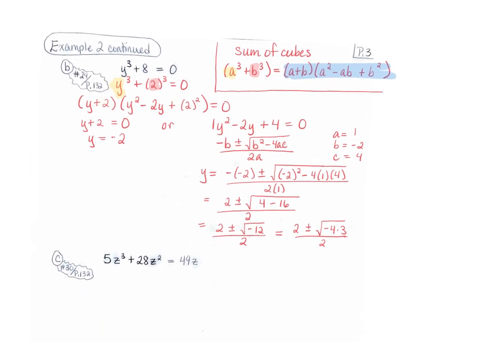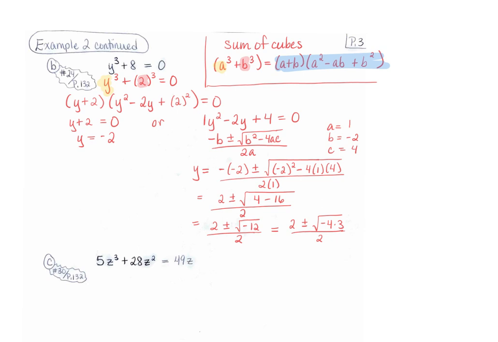And simplifying further, remember whenever you have a negative underneath the square root, that means an i comes out. The square root of 4 is 2. So we get 2 plus or minus 2i, the square root of 3, all over 2. And we notice that each of these terms here have a 2 in common. So this simplifies to 2 over 2 plus or minus 2i square root of 3 over 2.